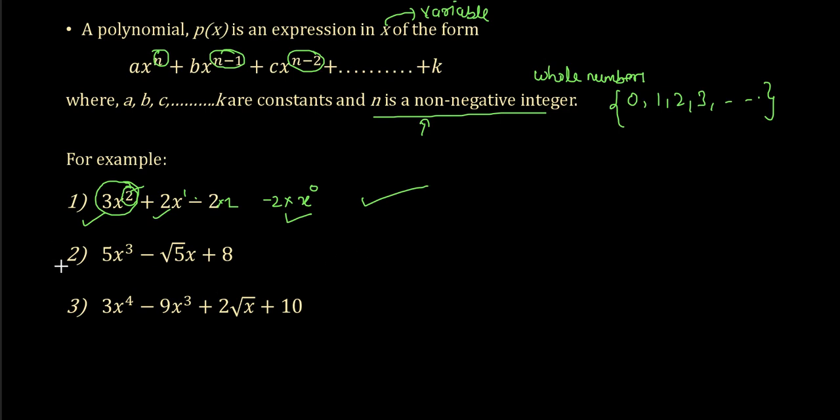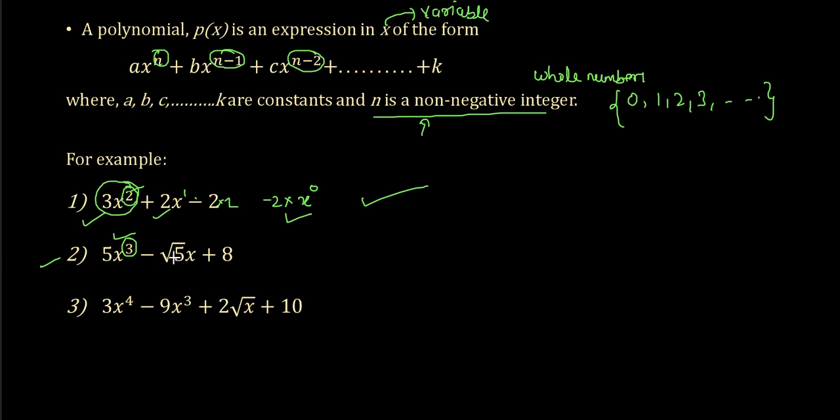Let us look at the second example. The first term is 5x^3. This exponent 3 satisfies the condition. Next is minus root 5 x. No matter what the value is, root 5 is the coefficient of the variable, and it is a constant. We do not have to worry about the coefficients a, b, c and k attached to the variable.